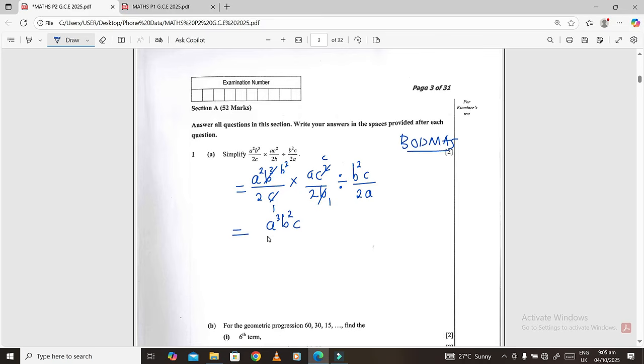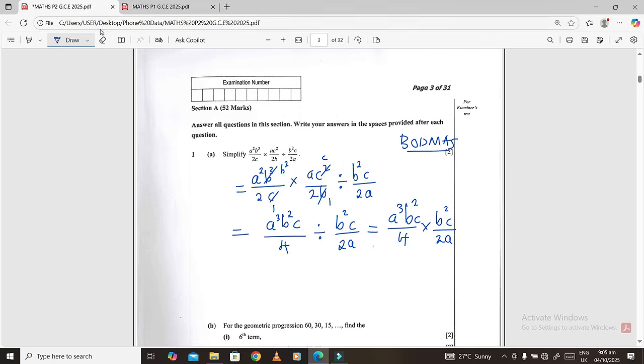There is a c here over a 4, because 2 times 1 times 2 times 1 will just give us a 4. Then we say divide by b power 2 c over 2a. So from this point we can say a power 3 b power 2 c over 4, and then we say times b power 2 c over 2a.